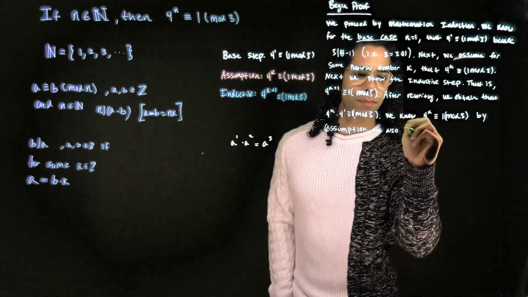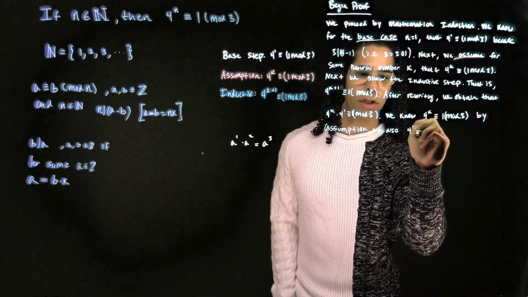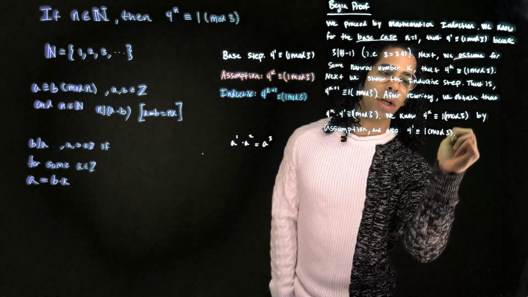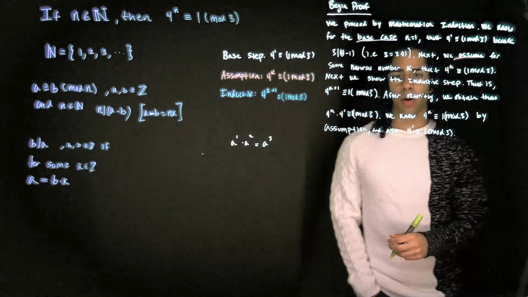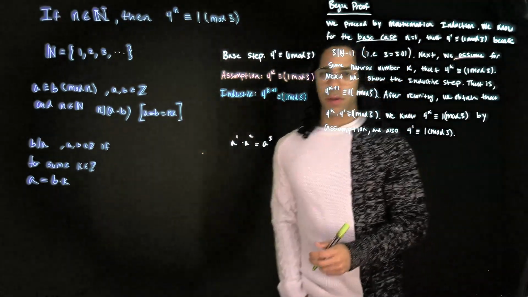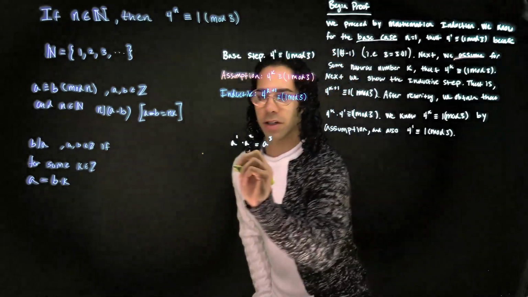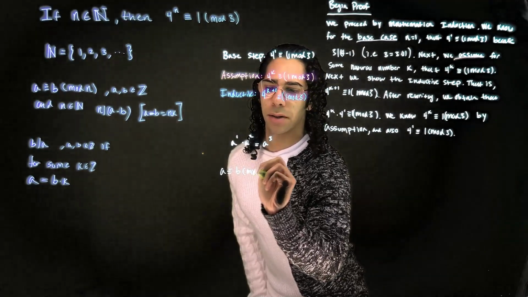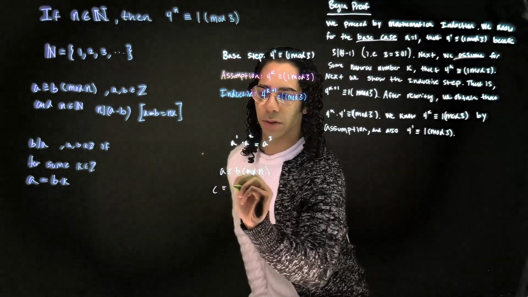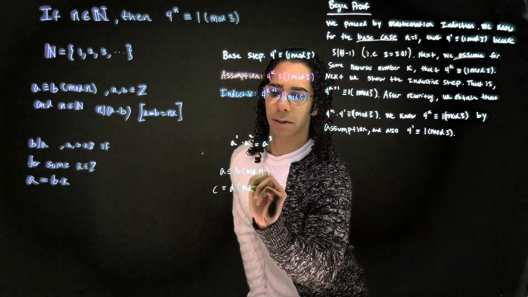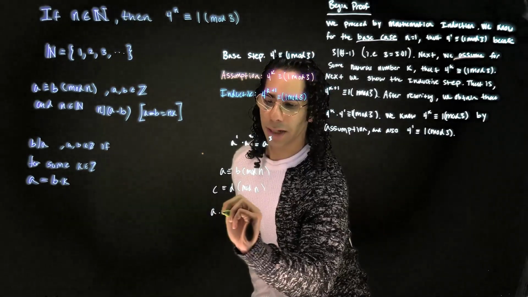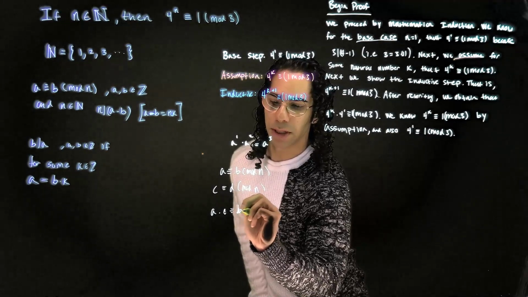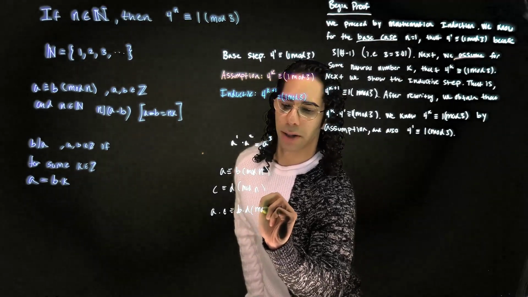And also 4 to the 1 is congruent to 1 modulo 3, which we showed in our base step, right? And so the property in congruence that I'm talking about is if I have A is congruent to B mod n, and C is congruent to D mod n, then A times C is also congruent to B times D mod n.